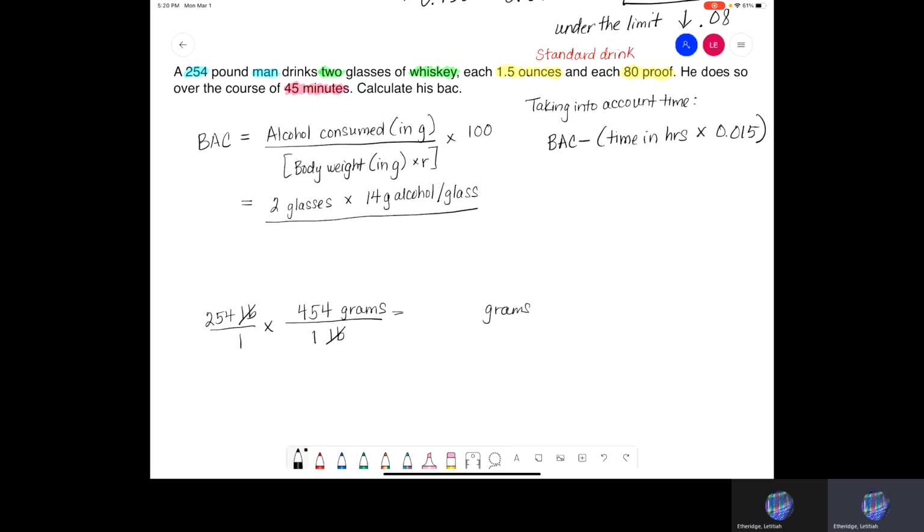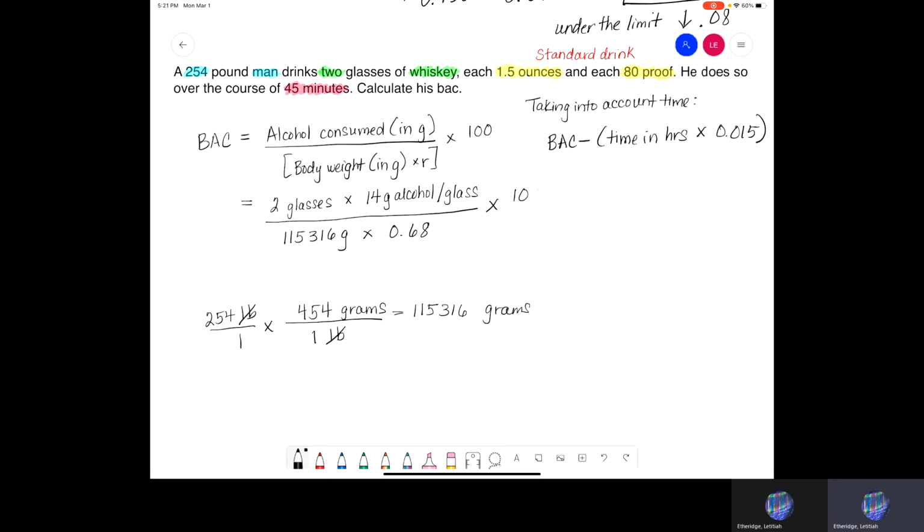So take your calculator, 254 times 454. We end up with 115,316 grams. That number goes here. Times man or a woman, it is a man, so that is going to be 0.68.